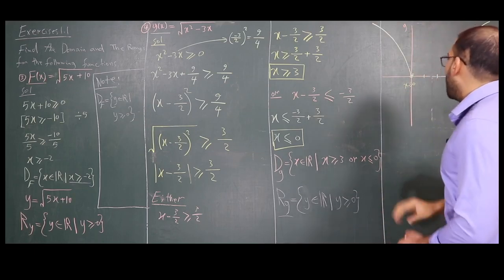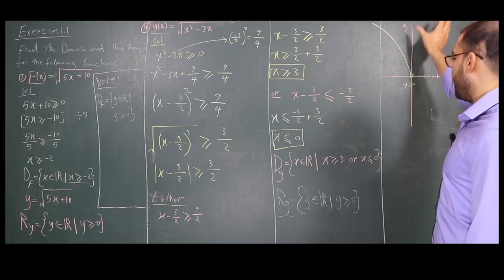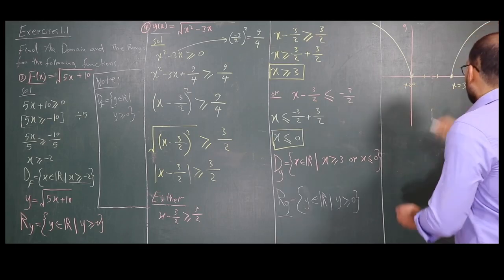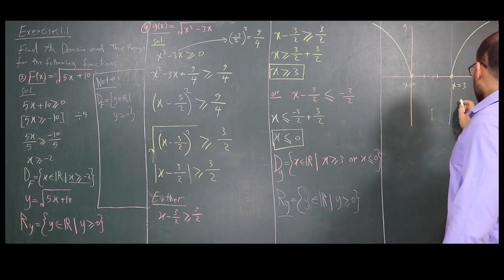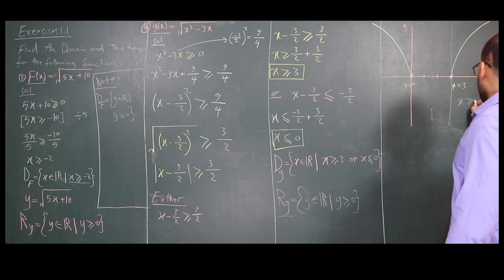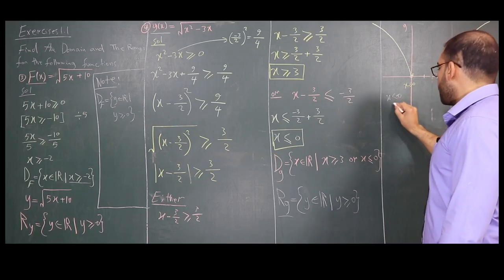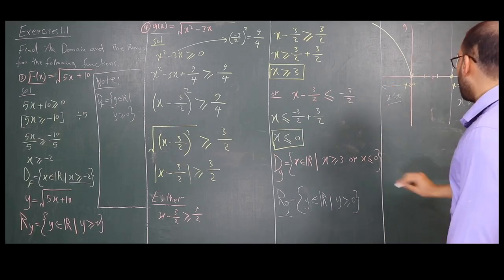I can see here there is no graph, and the domain of the function will start from here. So the input will start from x greater than or equal to 3, and from here x less than or equal to 0 and goes to the left side.